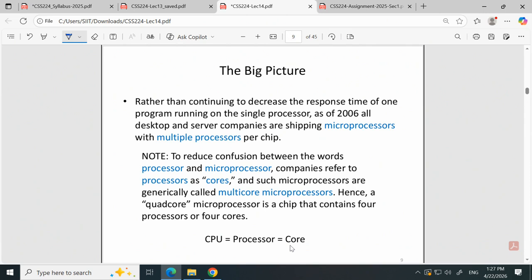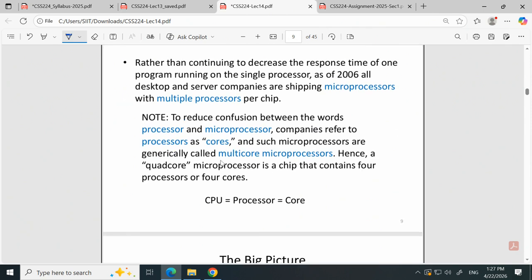A microprocessor may have one CPU or multiple CPUs. In our previous lectures, we talked about just one single CPU. So a microprocessor has just one CPU, or one processor, or one core. The same thing. So don't get confused about these two terms, processor and microprocessor. It's a chip, a microchip.